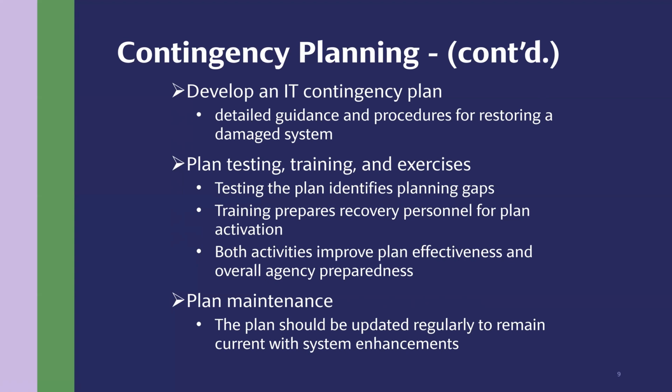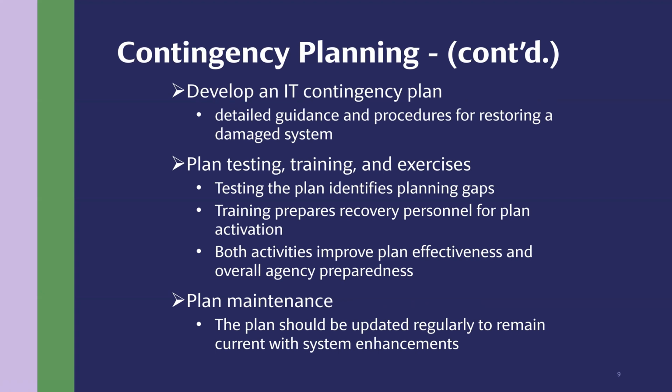And then you need to plan testing, perform training, and do exercises, because testing is when you have a plan ready. If you perform regular testing, you can always check what the gaps in your planning are. You can easily identify the gaps in what you have planned for a particular attack.